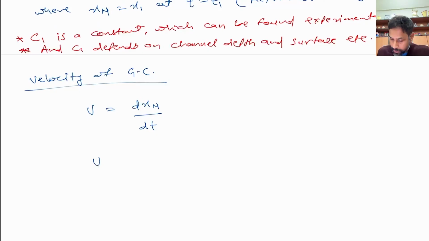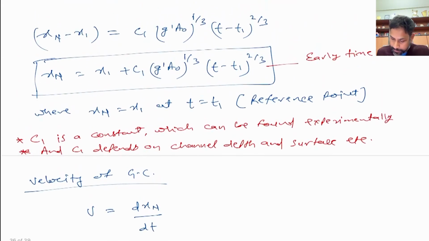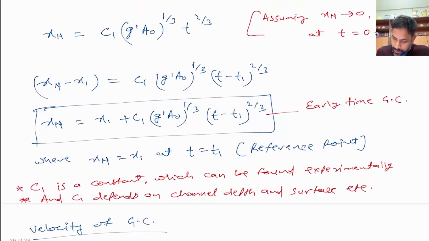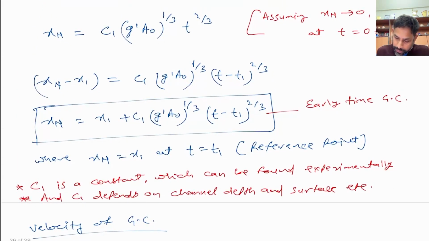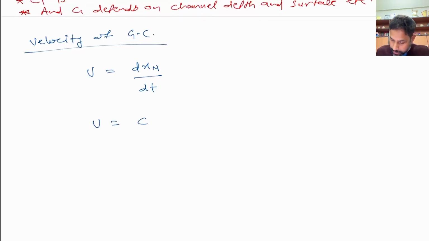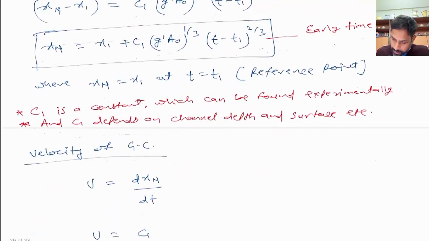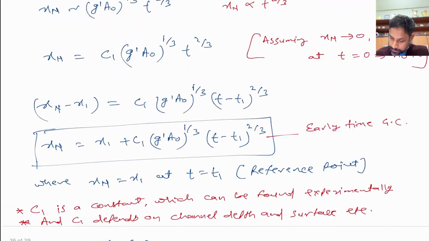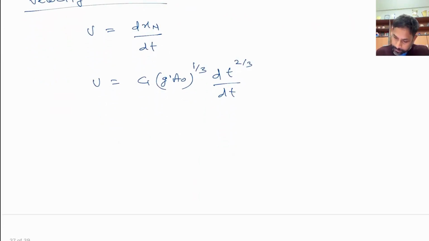So, if we don't consider other parameters, this will be roughly equal to C1 (g prime a naught)^(1/3) d(t^(2/3))/dt.